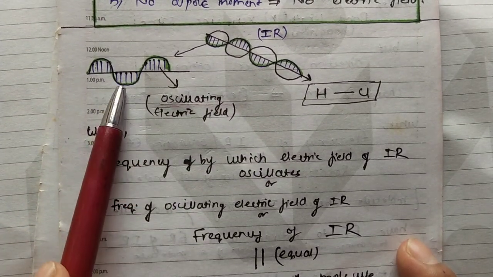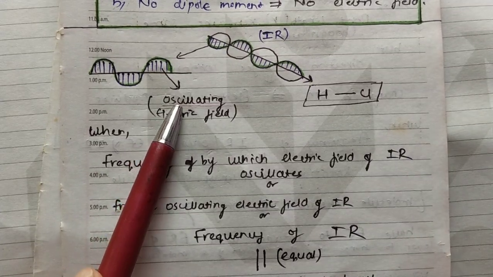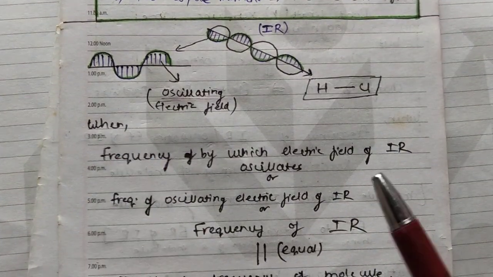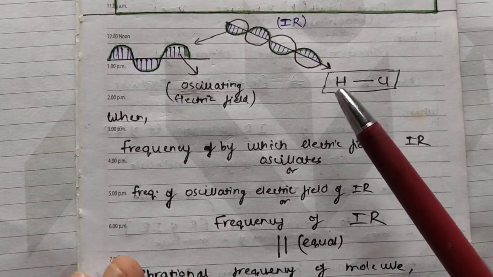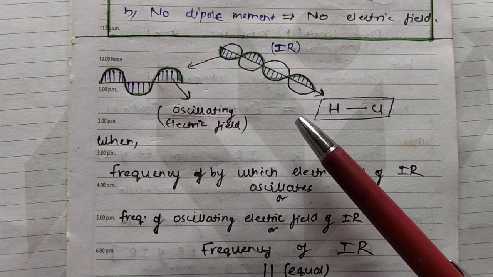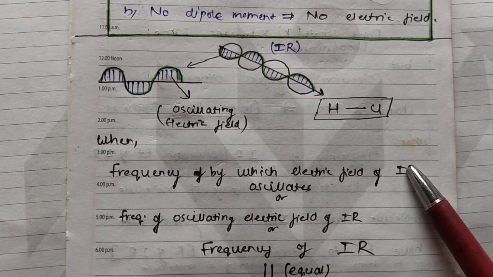With the wave of IR radiation, the electric field is continuously what? Oscillating. So they will oscillate at some frequency. The frequency of IR radiation is the same as the frequency by which the electric field of IR oscillates.